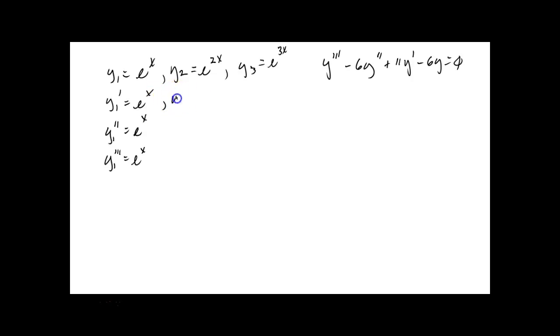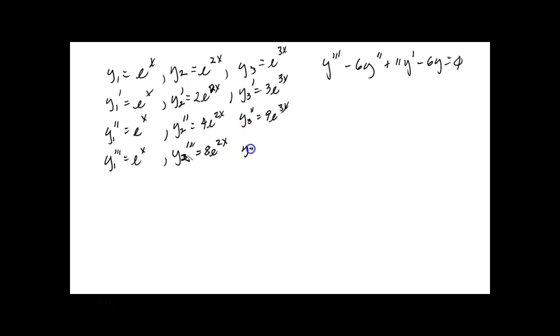You get to do the others. y2 prime is 2e to the 2x, y2 double prime is 4e to the 2x, and y2 triple prime is 8e to the 2x. y3 prime is 3e to the 3x, y3 double prime is 9e to the 3x, and y3 triple prime is 27e to the 3x.